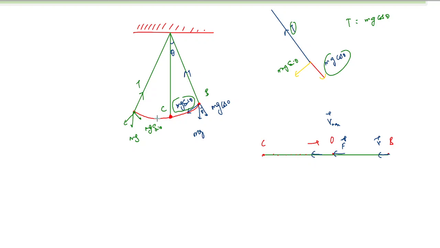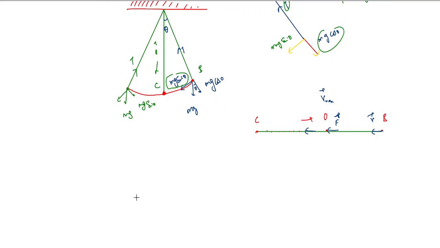Now here, if we leave it at point B or anywhere, it would oscillate. So we need to find its time period. Let L be the length of this string. Now let's start deriving it. Here the unbalanced force is mg sin theta.